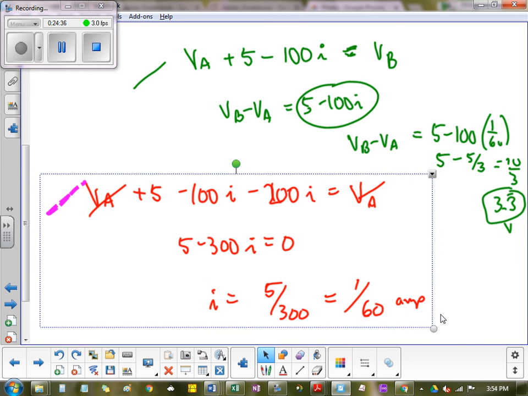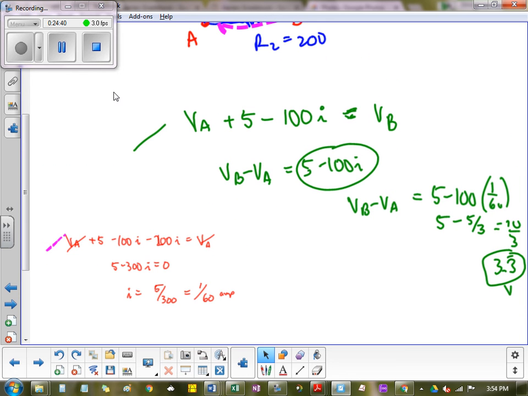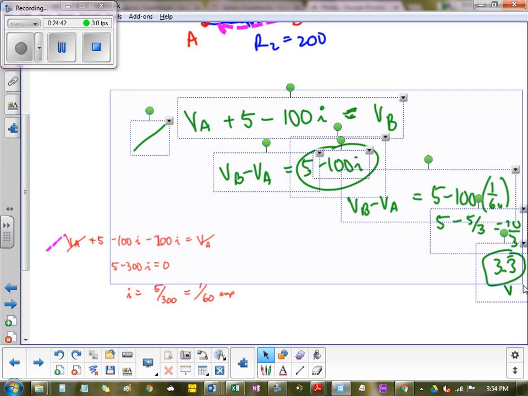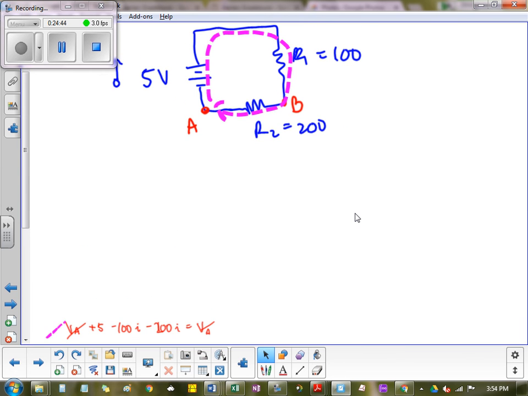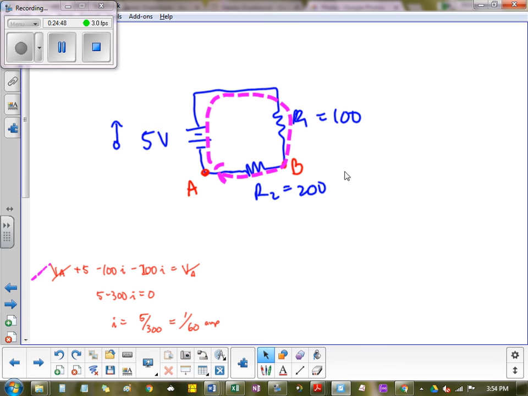So this calculation is complete here in red. But imagine we had gone in the green around a different direction. Imagine we'd gone along the bottom, going to the right. Let's see what that would look like.